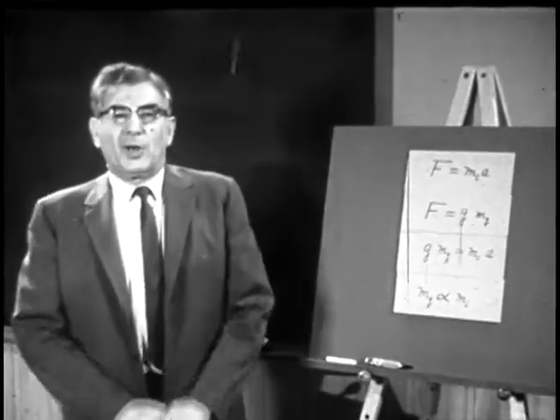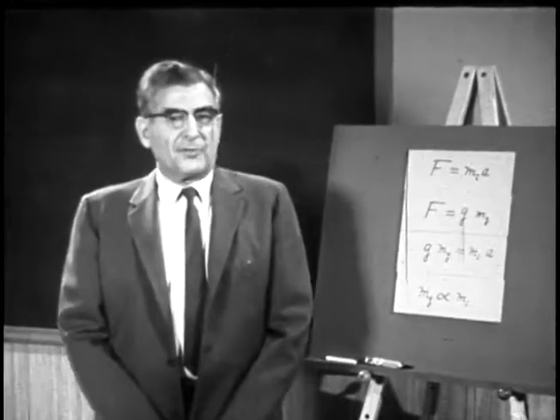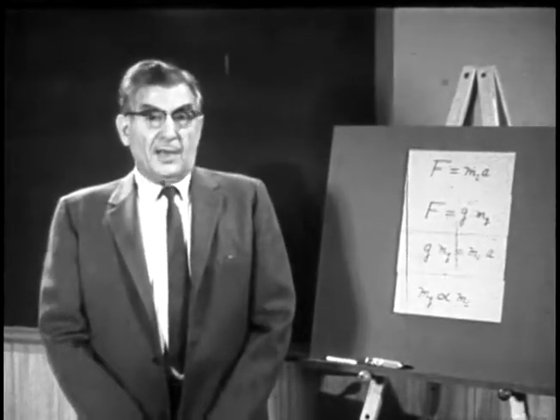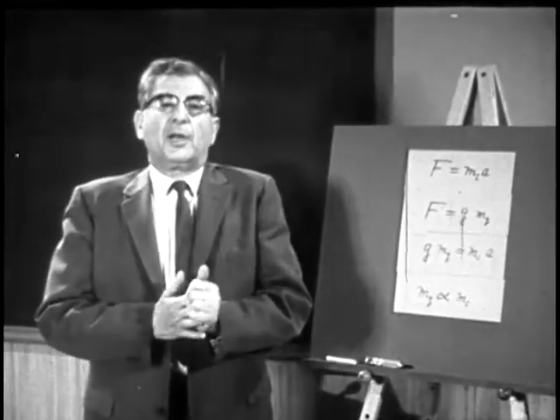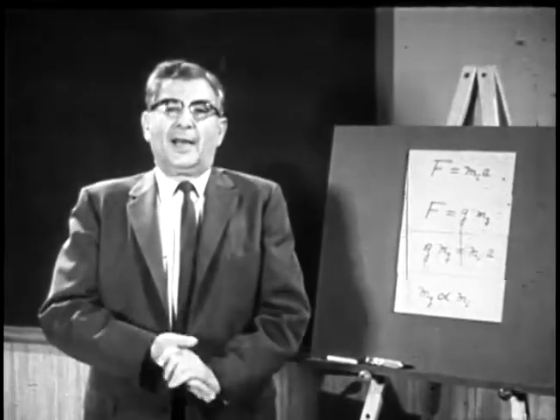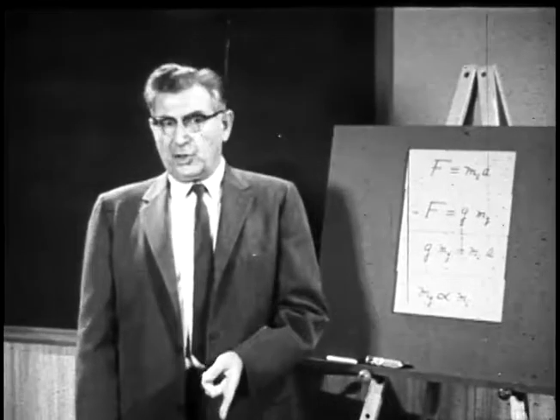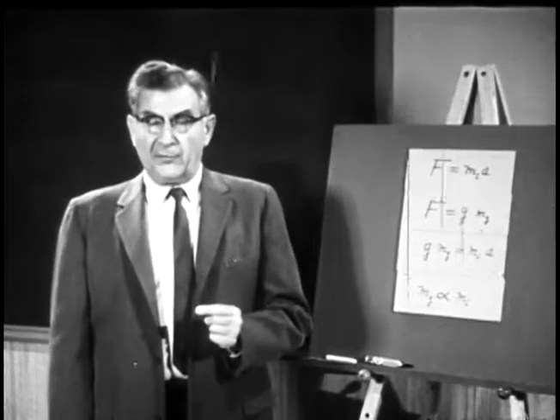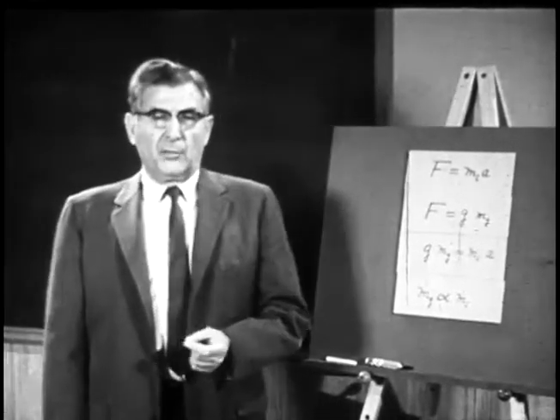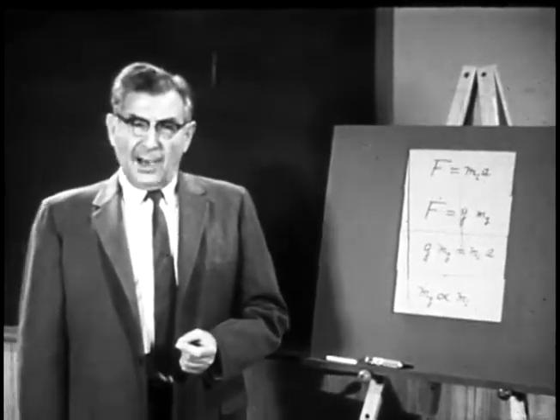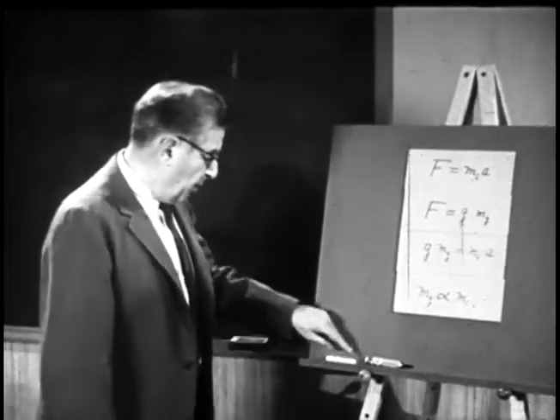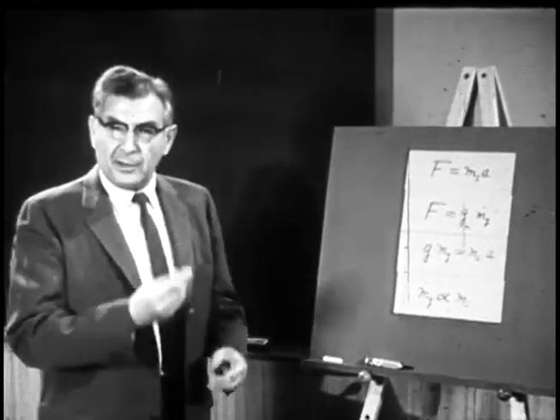Now, what else can we learn by studying the motion of freely falling bodies? As long as we confine ourselves to looking at motions that are along a vertical line, whether we throw a body straight up or down or let it fall from rest, there's not a great deal more of interest. However, if we look at this motion of a falling body, here's a piece of chalk.